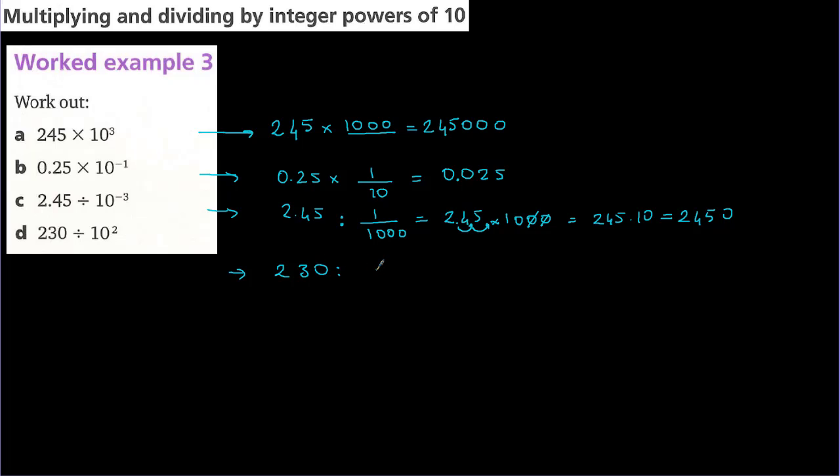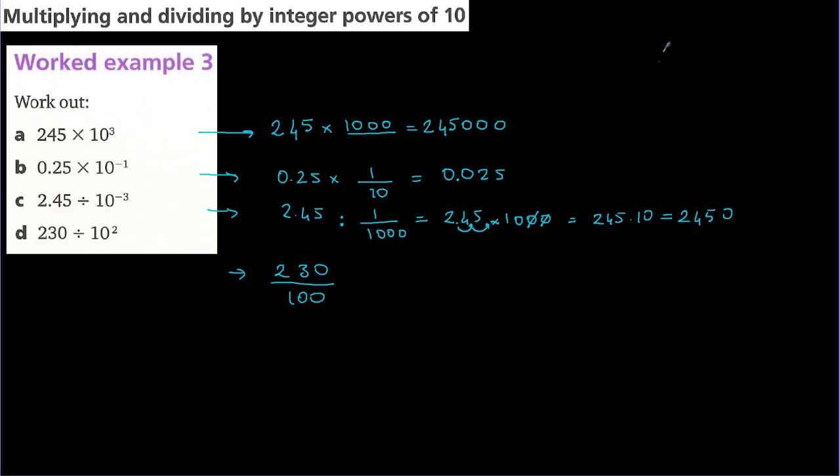Okay, here 230 divided by 10 to the power of 2. When you divide by 10 to the power of 2, you are going to move the decimal point, or you are going to divide by 100.